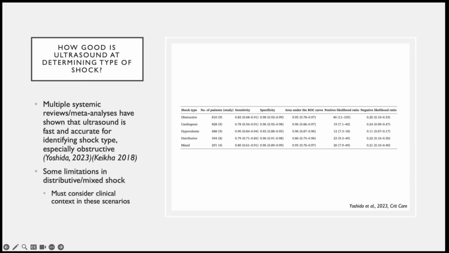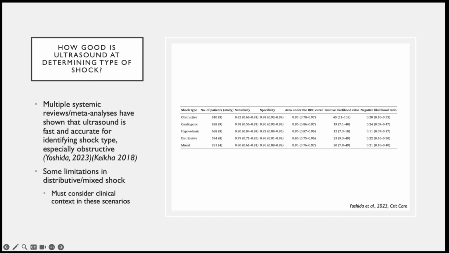You can see here on the right-hand side of the screen a table of the different sensitivities and specificities found by Yoshida et al. in a 2023 article in Critical Care of the different types of shock and how good ultrasound was at making that definitive diagnosis.